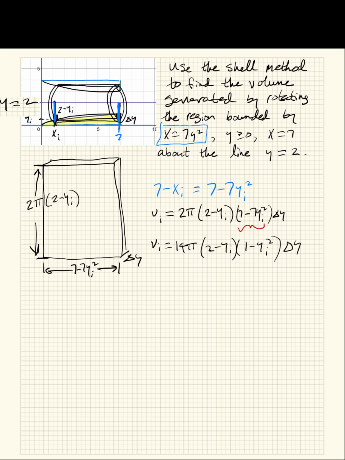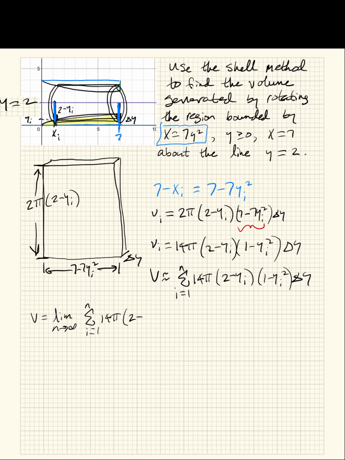Then, to get an estimate for the volume of that entire solid generated by rotating that region about the line y equals 2, it would be a sum of these shells from i equals 1 to n, 14 pi, 2 minus y sub i, 1 minus y sub i squared, delta y. And an exact measurement of that volume I could get by finding the limit as n goes to infinity of that sum.